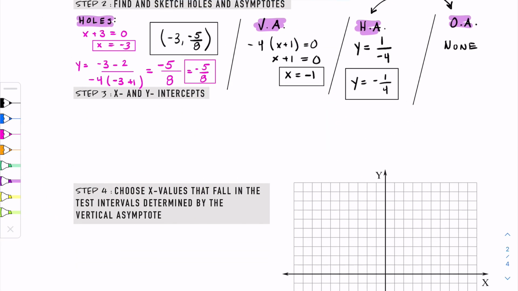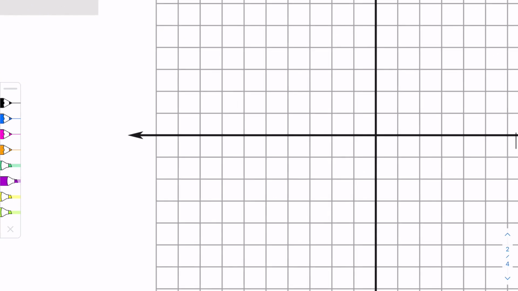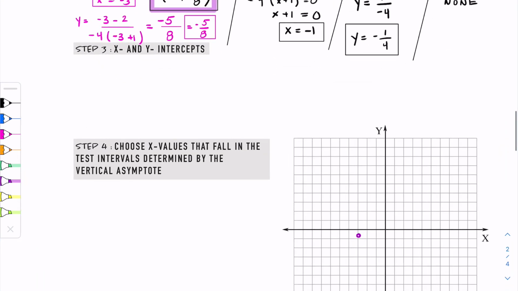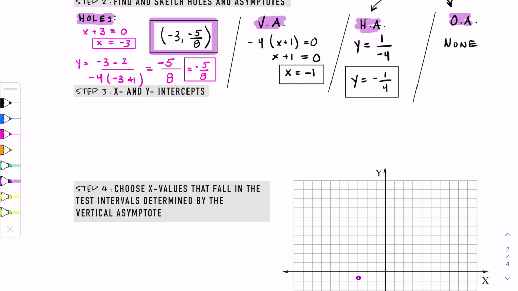Now we're going to sketch all the parts we just found in step 2. So let's start by sketching the hole on the graph, which is located at -3, -5/8. This is going to be a hole in the graph, so graph it just like you would graph a hole. -3, -5/8 is located somewhere in that area. It is just a sketch, so be as accurate as possible, but you don't need to be over the top precise. The vertical asymptote is located at x equals -1, so I'm going to sketch a vertical line at x equals -1.